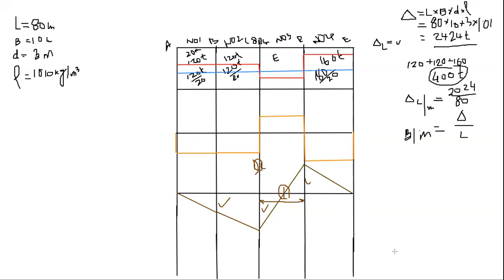How did you prove? Similar triangle. Here also we need to know the distance to find the bending moment at this point. This distance has to be known to us, these two distances. Once this distance is known, minus 20, we'll get the other one.